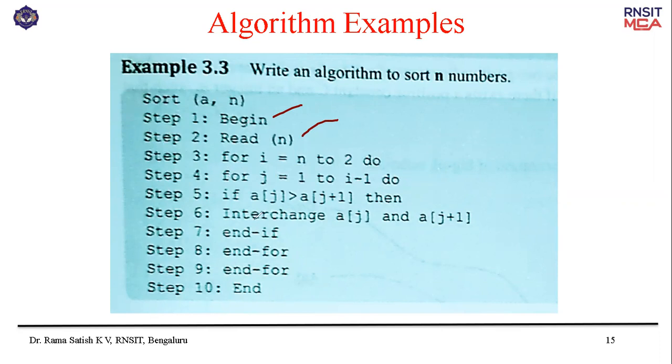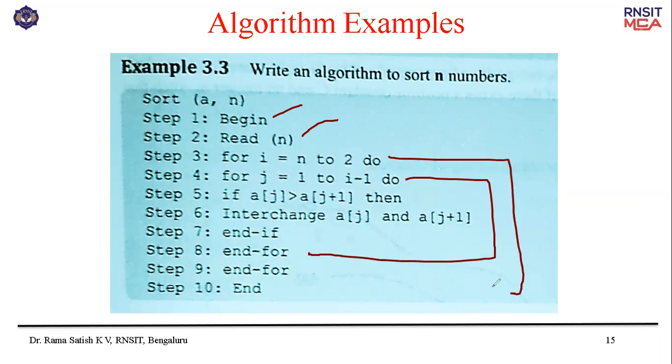So it is a bubble sort. If a of j is greater than a of j plus 1, then interchange the values. And this process will continue for all j, for all i times of the for loop. So at the end of this algorithm, all the numbers in the array get sorted.